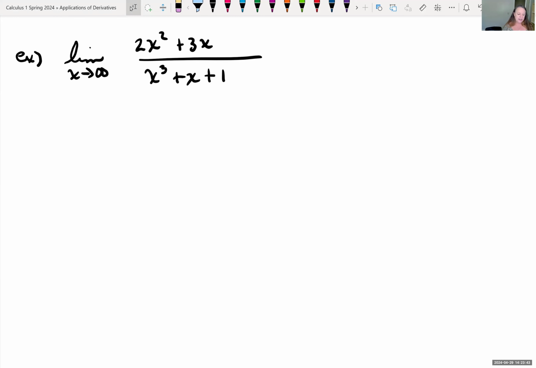If we plug in infinity wherever we saw an x, you can see that you get infinity over infinity. This again is an indeterminate form, doesn't tell us anything. So let's go through and use L'Hopital's rule.